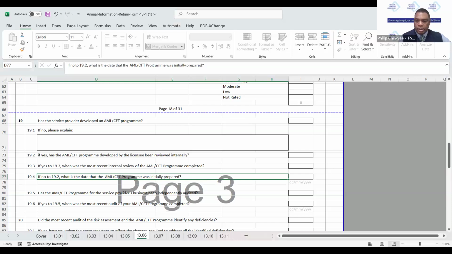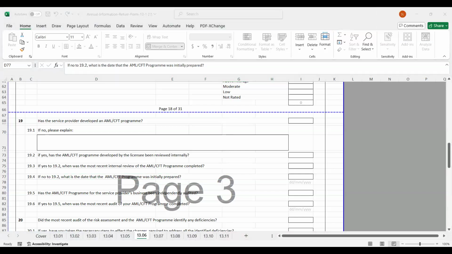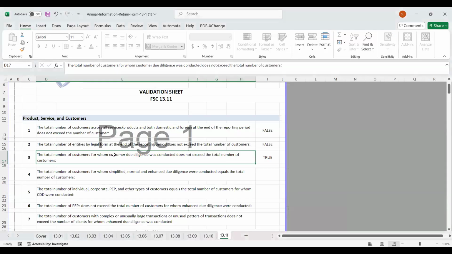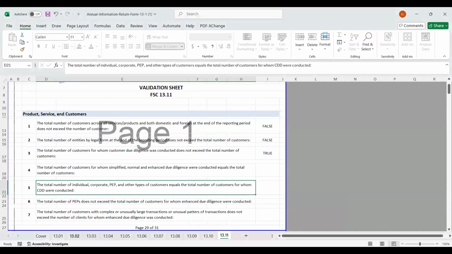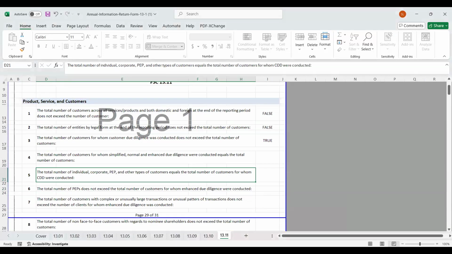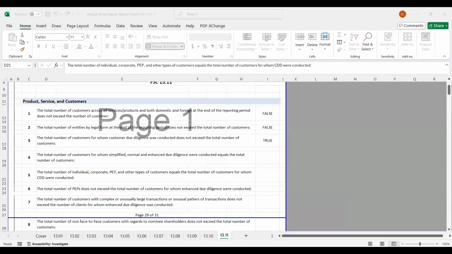Hello. Hi, quick question regarding the validation sheet, particularly question 5. It says the total number of individuals. Well, you can see it. Our issue is that when we do our CDDs, some individuals are also PEPs.